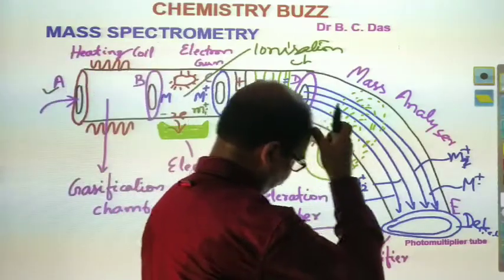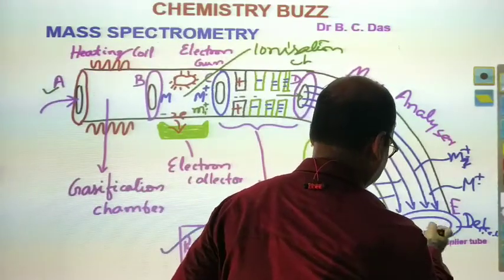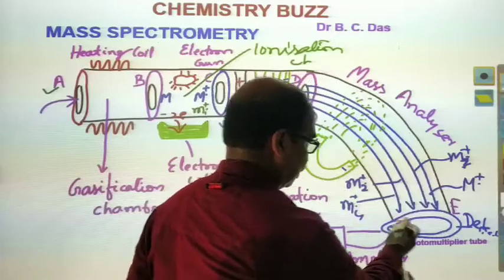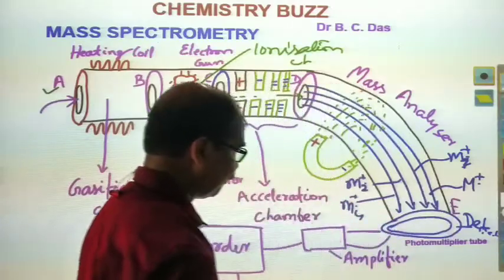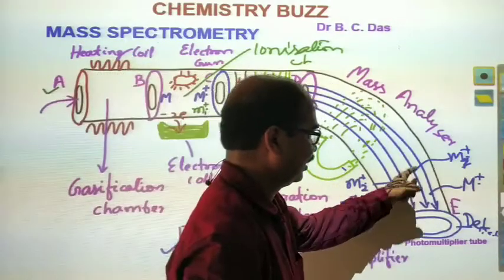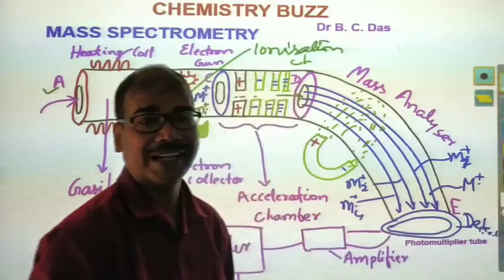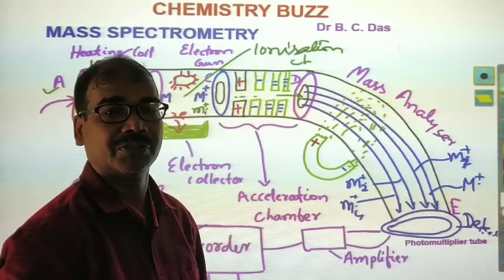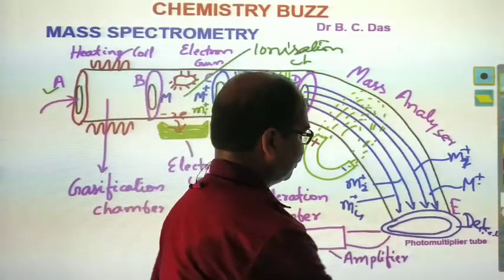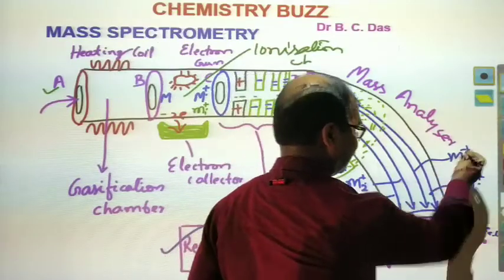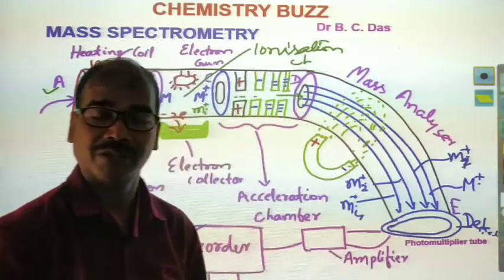So here the detector detects the ions and their numbers. Suppose this is the molecular ion.